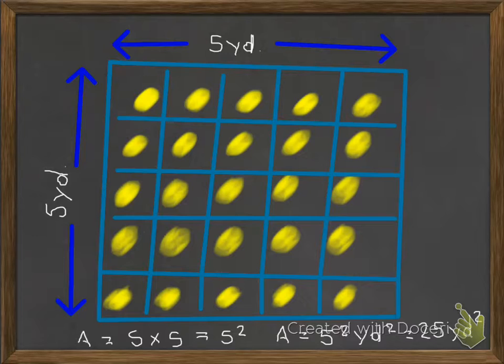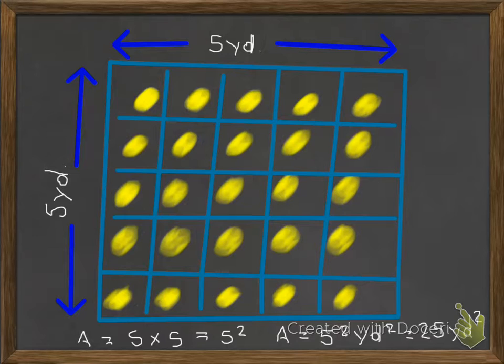So that means that we have 5 1 yard by 1 yard tiles along one side and 5 along the other side. And that means that each side is 5 yards in length.